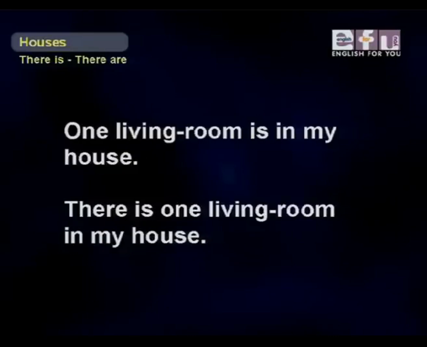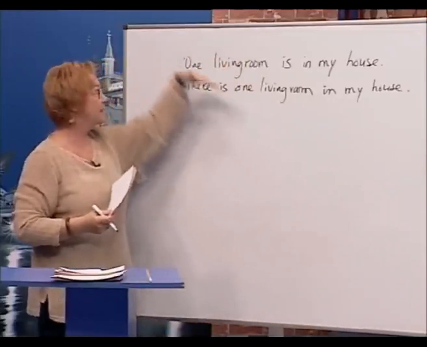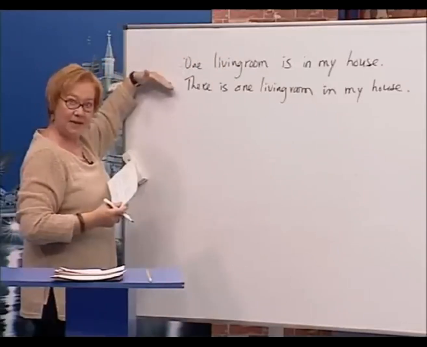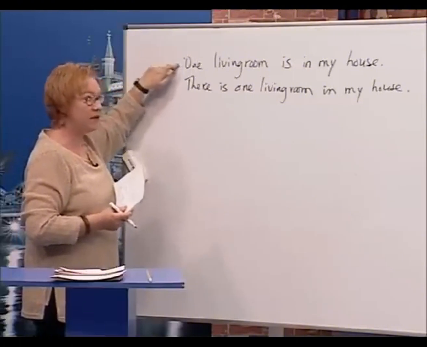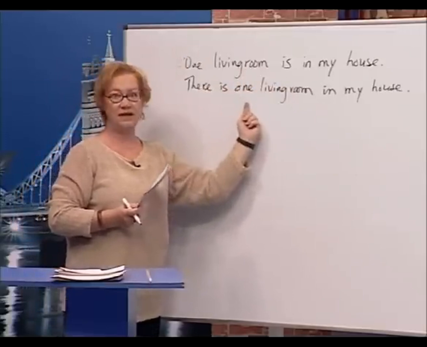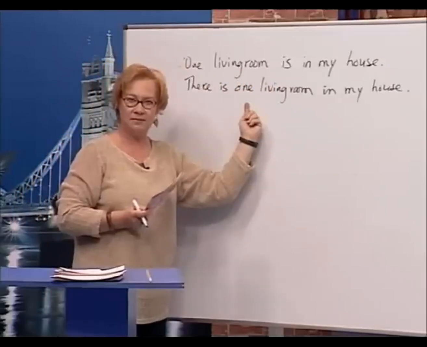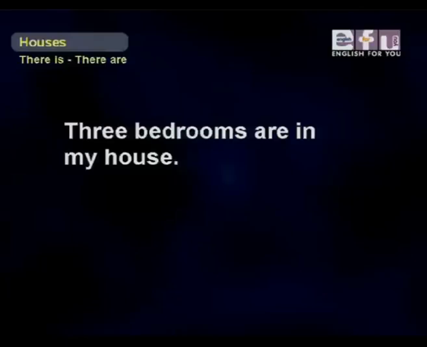There is one living room in my house. These are the same information, but different sentences. One living room is in my house. There is one living room in my house. Okay, they're both correct.